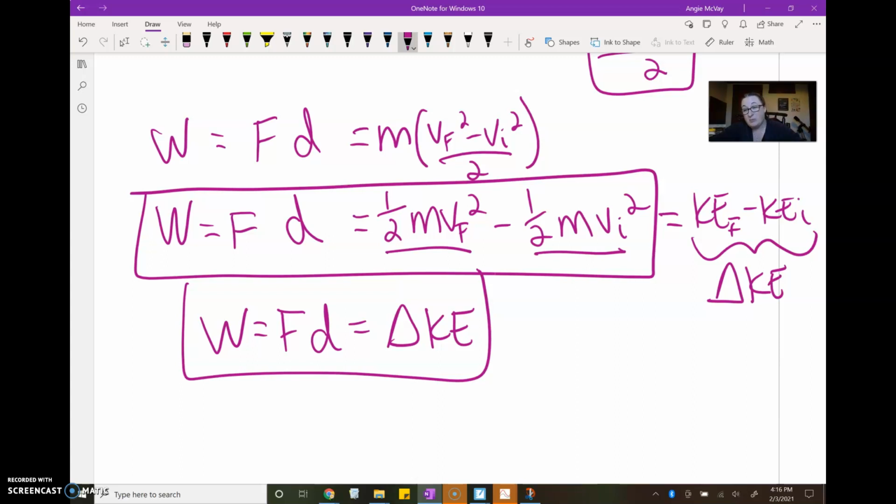If a problem gives you the change in kinetic energy, that's how much work is being done. So they're all equivalent, and yes, I did box these on purpose. These guys should be in your equation sheet. The derivation doesn't need to be included in your equation sheet, but these two guys are what you want.